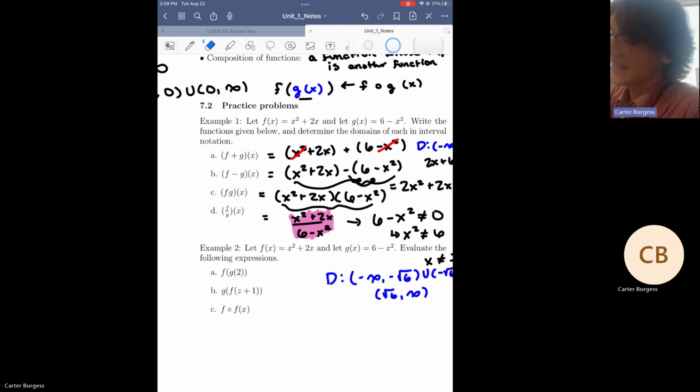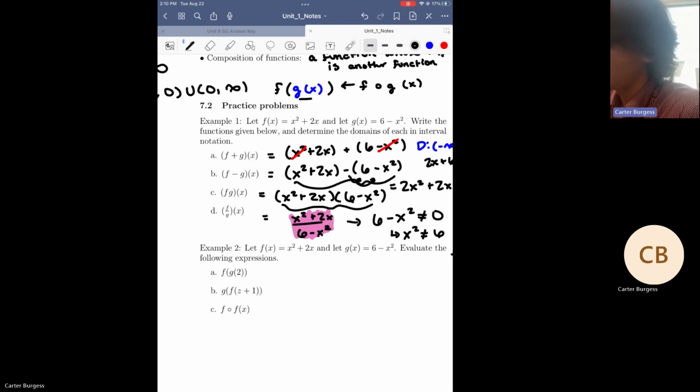Let's take a look at an example here. So looking at example 2, we are trying to evaluate f of g of 2. So remembering, what is this asking me to do? Well, everywhere we see an x in our function f, we are replacing it with g of 2. Let's do literally that.